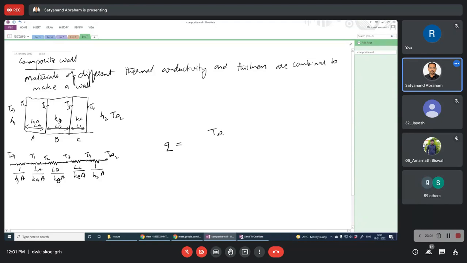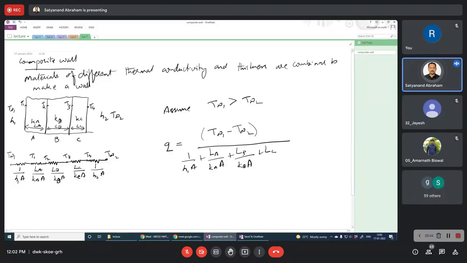Assume T infinity 1 is greater than T infinity 2. So Q is equal to T infinity 1 minus T infinity 2, the full potential difference, divided by the total thermal resistance, since we are considering the total potential: 1 by H1 A plus LA by KA A plus LB by KB A plus LC by KC A plus 1 by H2 A. We can write this as equation 17, since we are following the same numbering throughout.